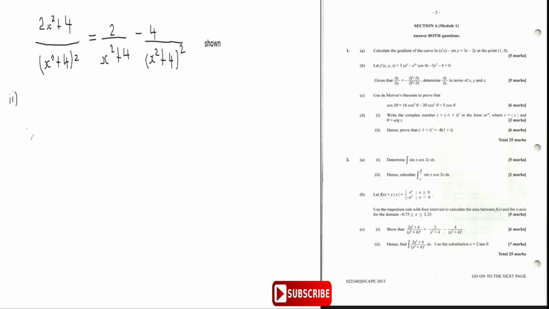So part 2. When it says hence, guys, it means you're going to have to use what you did previously.